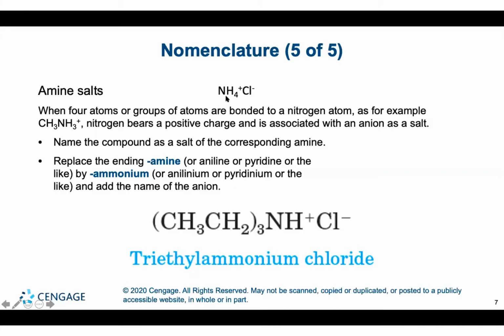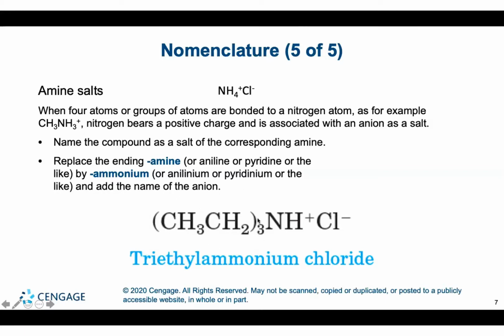Look very closely. We have nitrogen here, chlorine here, a negative charge on chlorine, and a positive charge on the ammonium part, which is nitrogen and hydrogen. And instead of hydrogen, we have ethyl groups.